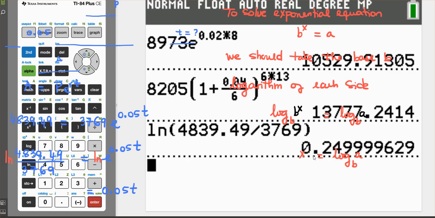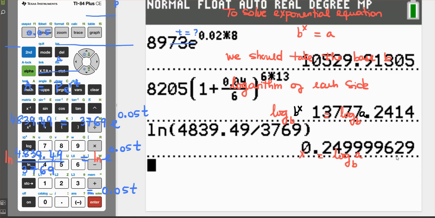Here we will end up with 0.249999629. We shouldn't round the number yet, because this is not the end yet. If you can write all of the number, that would be great.